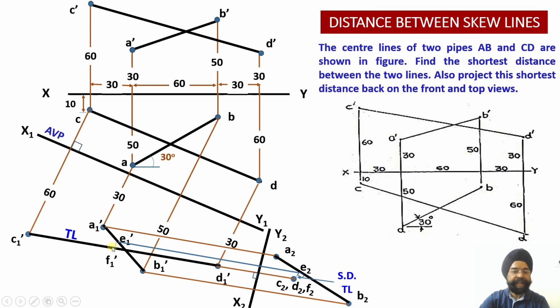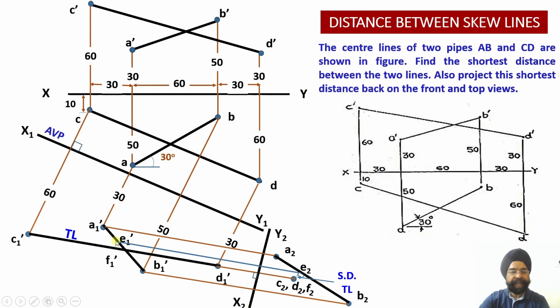So if the apparent length of the E1 dash F1 dash happens to be parallel to x2 y2, so my projection which is obtained E2 F2 will be the true length of the line, true length of the shortest distance. So since this is perpendicular to C1 dash D1 dash, and since this is perpendicular, so E1 dash F1 dash is parallel to x2 y2 plane of projection.